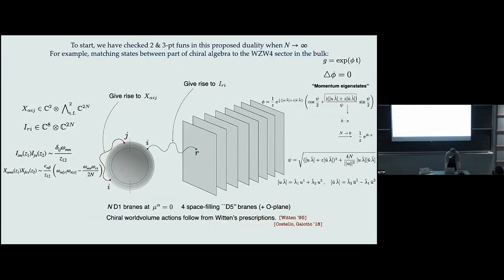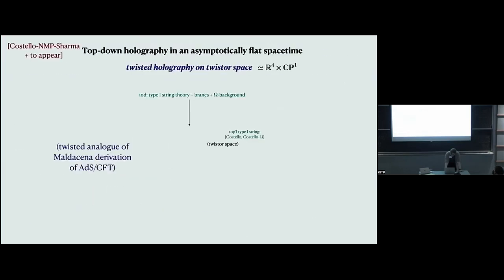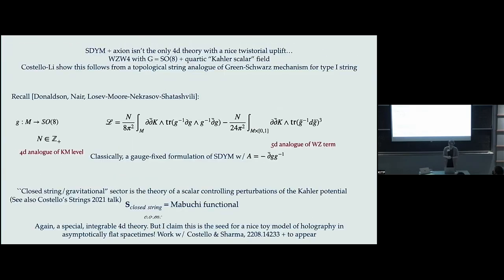So I just wanted to understand the action for the 4D theory. You wrote some action, but it contained a partial and a partial bar, and because it's a 4D theory, how does it act? Can you give a bit more detail? So it's the same action that was studied in the paper by Losev, Moore, Nekrasov, and Shatashvili.